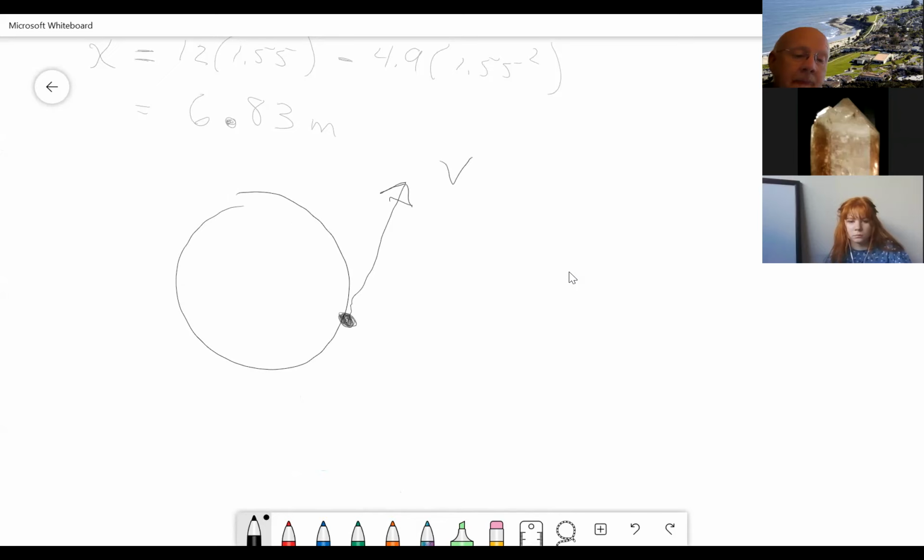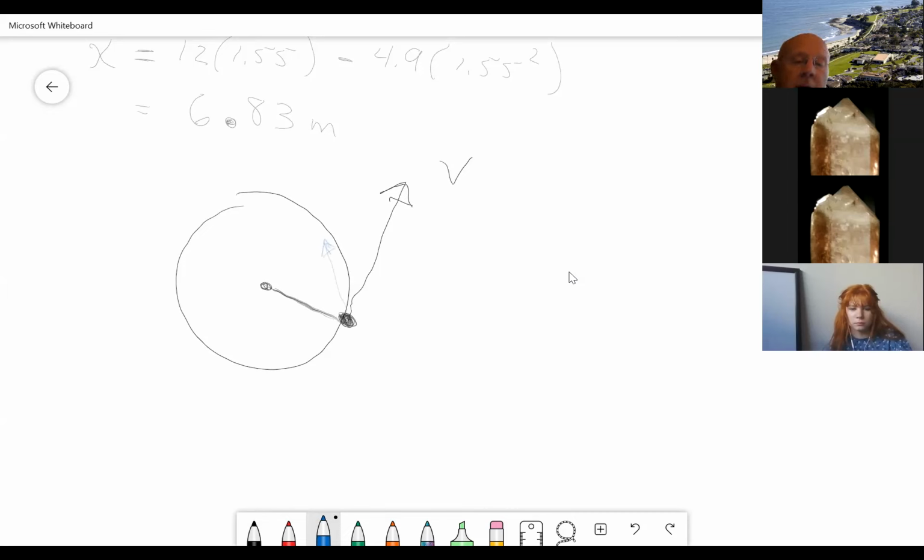Then I'll draw this. This is the radial direction. There could be an acceleration that would be, and maybe I'll change colors to blue, maybe in this direction.